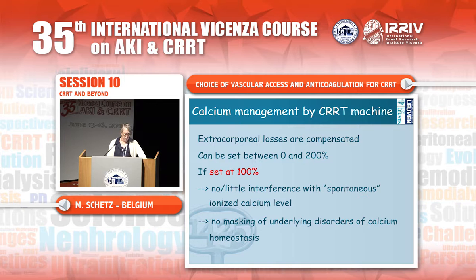And then we have no or little interference with the spontaneous ionized calcium level, so it will remain low if the patient wants it to be low as an adaptive phenomenon. And we have no masking of underlying disorders of calcium homeostasis. If the patient develops hypercalcemia, we know that that's not due to the treatment, but that there is a problem in the patient and that you have to look for the cause.